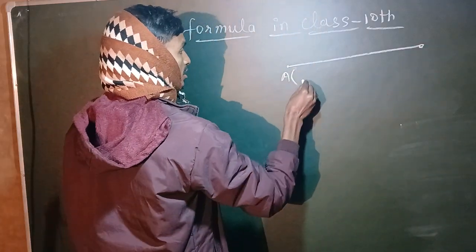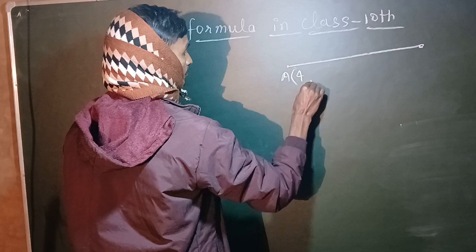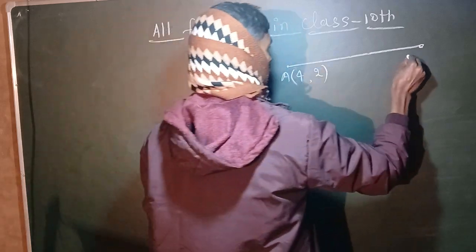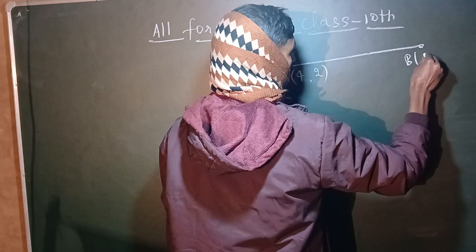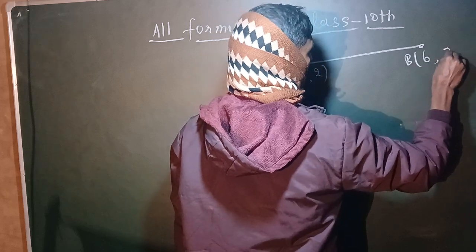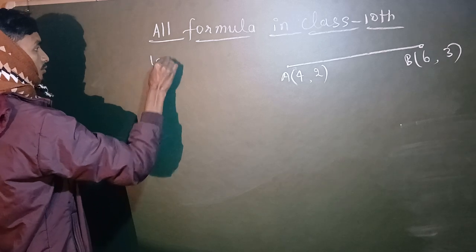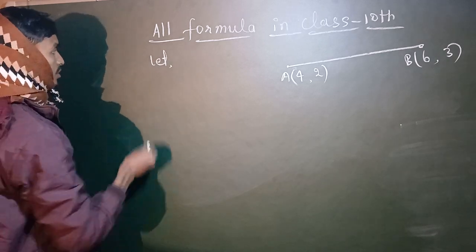A point is given 4 and 2. B point is given 6 and 3. Now I will find the distance.